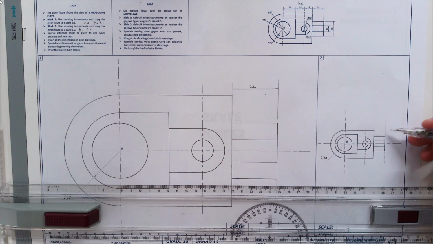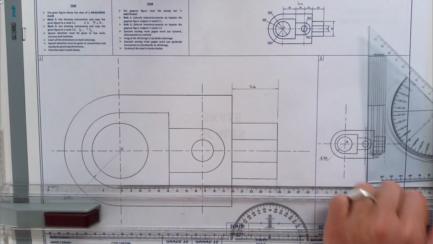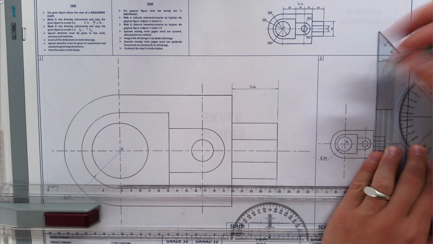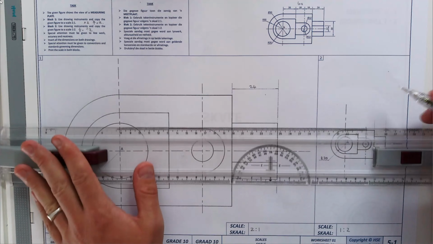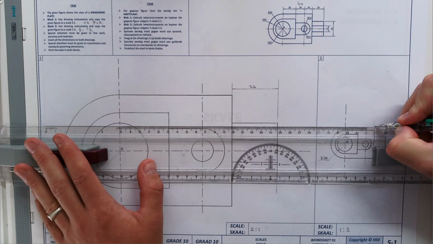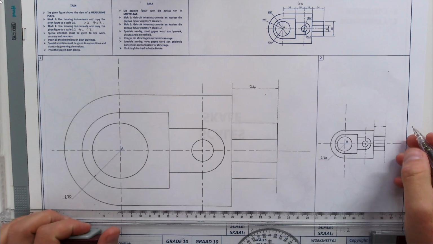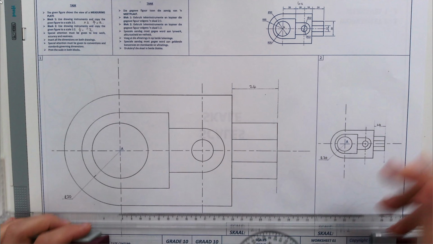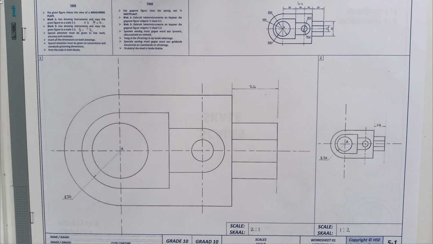Then the same 24, so from there to there, I'm just going to extend that line. Light construction. On the edges, dark tip, that is going to be 24. And there you go for page 5-1, your scale drawing.